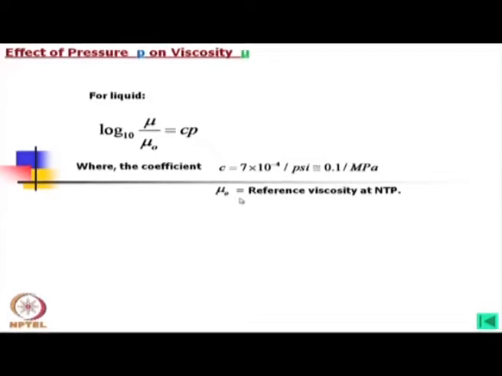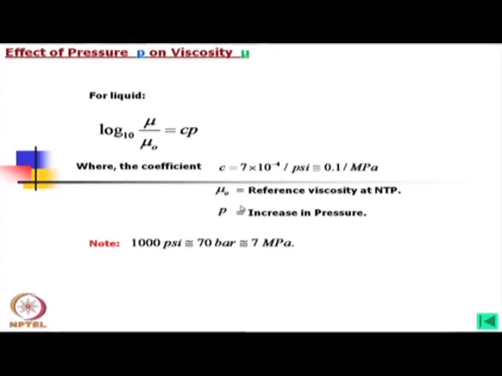Now, mu 0 is the reference viscosity at normal temperature and pressure. Now, p is the increase in pressure.